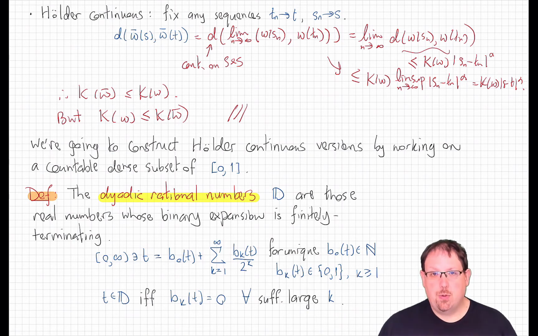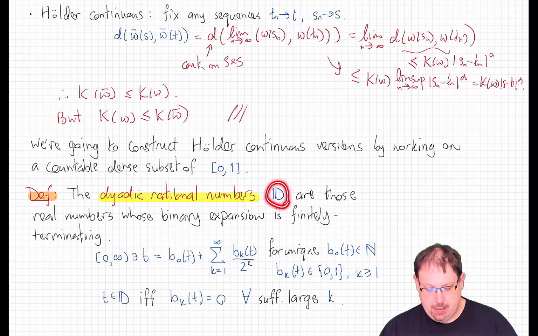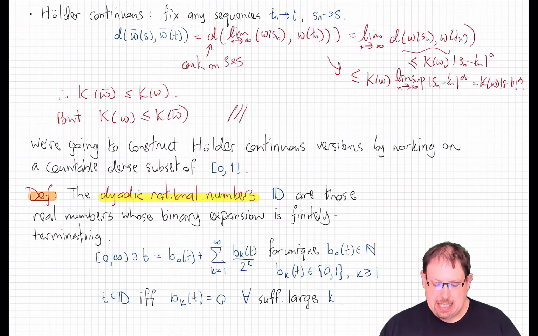So we need to work with a countable dense subset. Of course, the canonical choice would be the rational numbers, but in order to make things more computationally feasible, we're actually going to be working with a subset of the rational numbers, and that is the dyadic rational numbers, which we'll denote by this blackboard bold D. Dyadic rational numbers are precisely those real numbers whose binary expansion is finitely terminating.